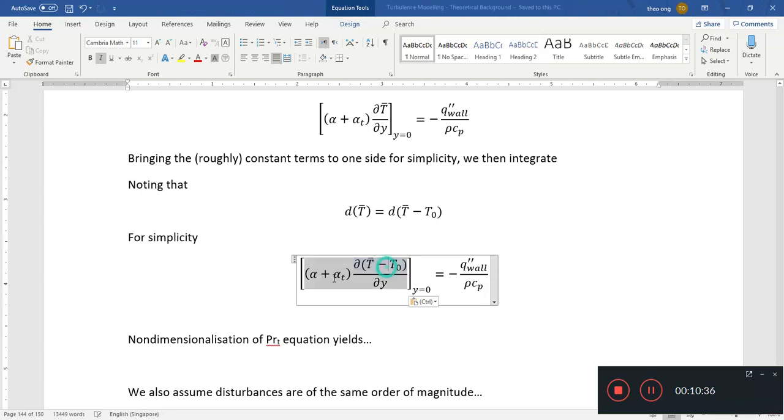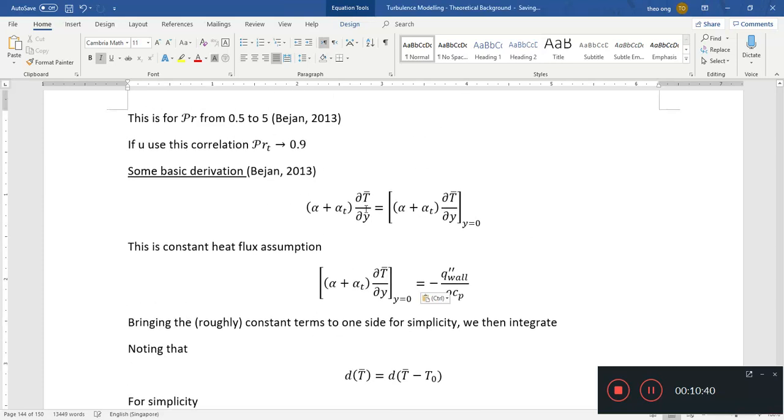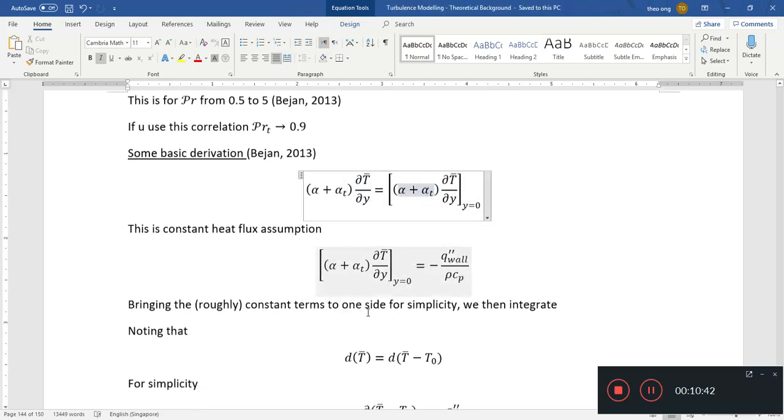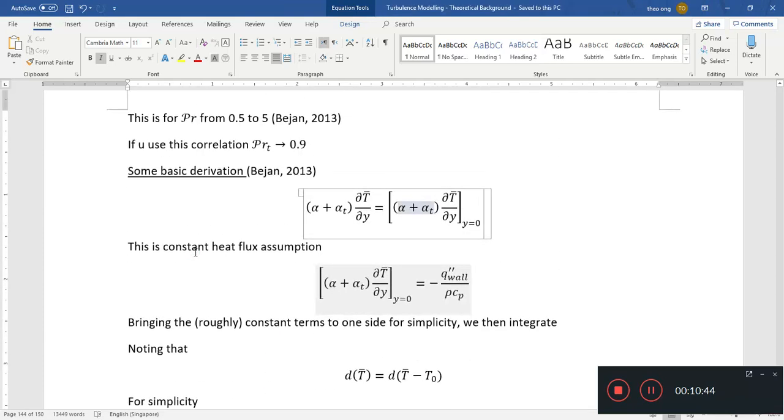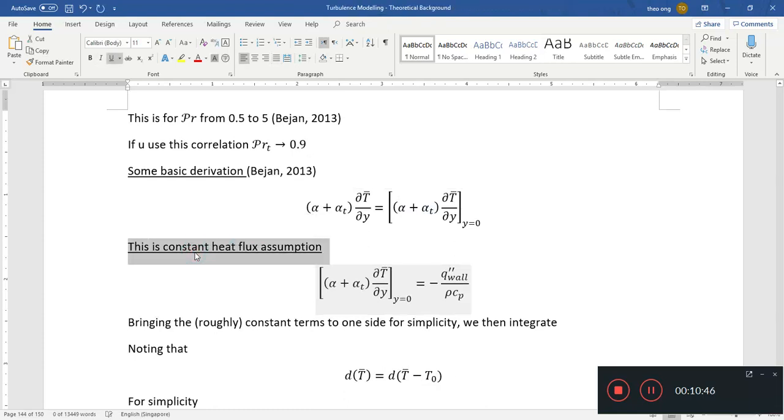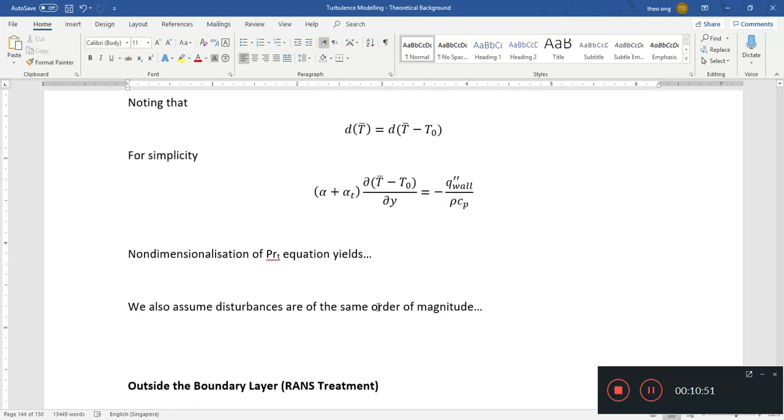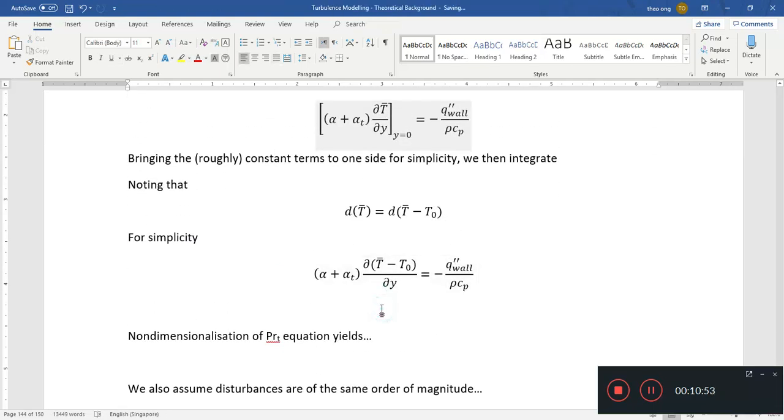And I can't just use it for y equals 0 now, right? I'm using it for all y because I assume this is equal. This is the assumption. We have the constant heat flux assumption. We need to highlight this, bold, underline, whatever you need to do, because that's the underlying assumption behind developing wall functions.